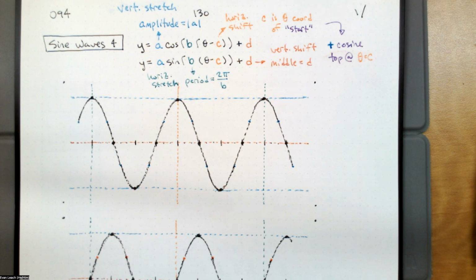Negative cosine is at the bottom when theta is equal to C.